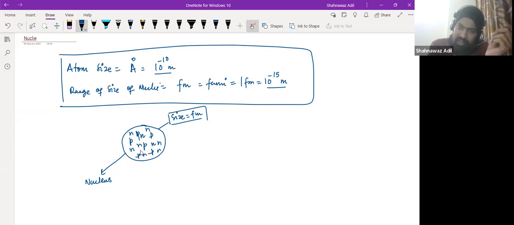We know that these Coulomb forces are there. So P and P will have Coulomb force.